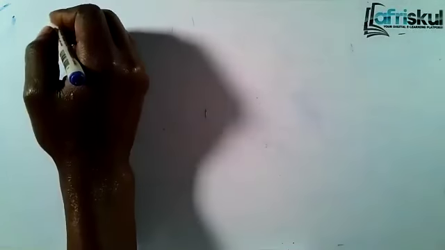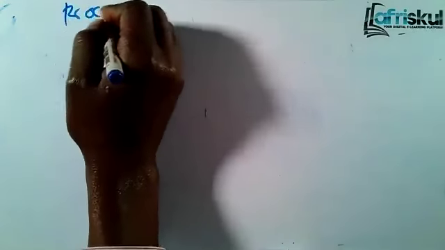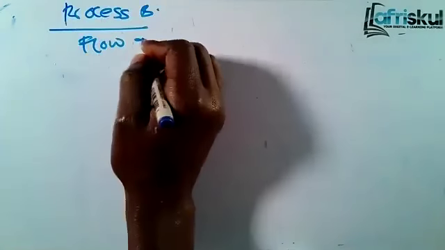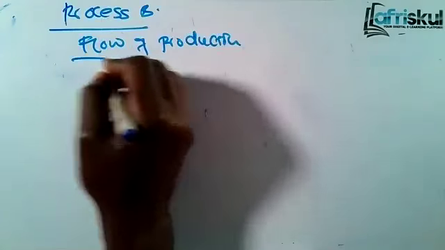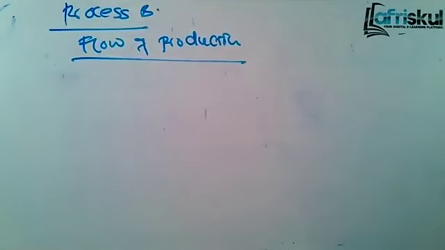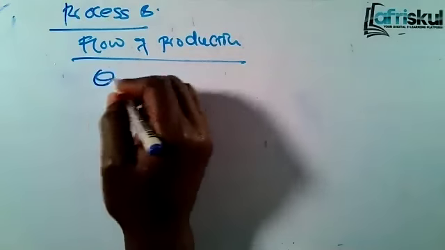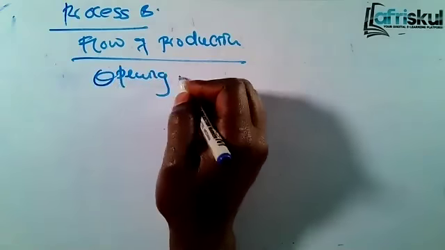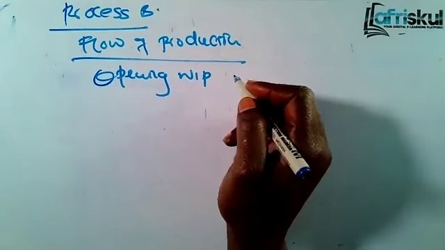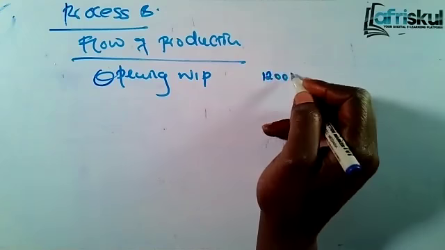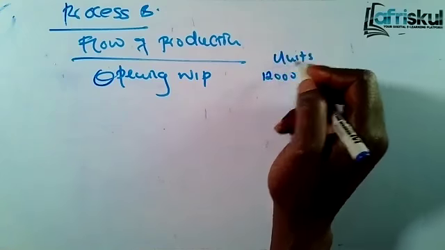Process B, we'll start with the flow of production again. Always flow of production. So we have been given in the question opening WIP units, which is 12,000. It is indicated there. Remember, these are units, so don't confuse.